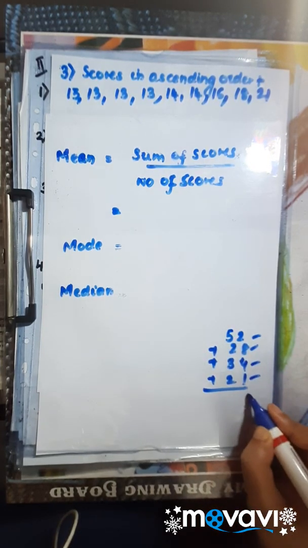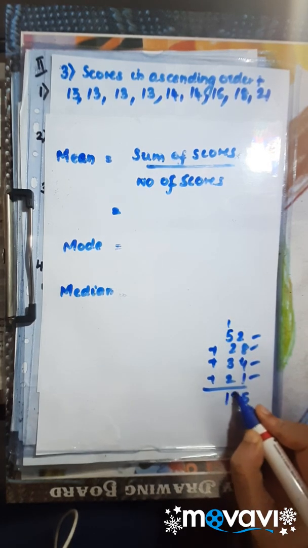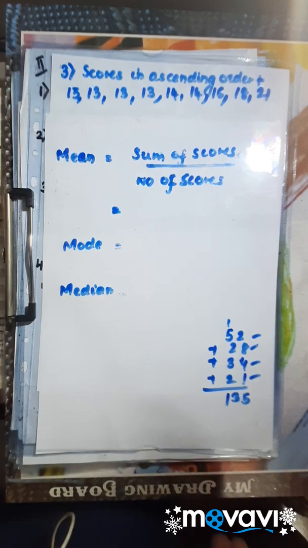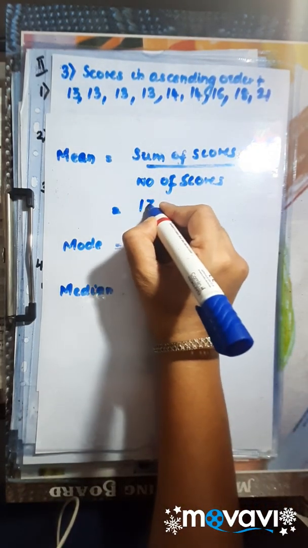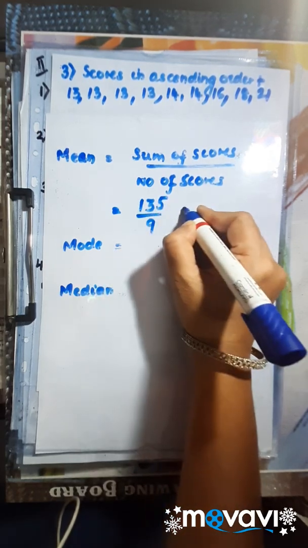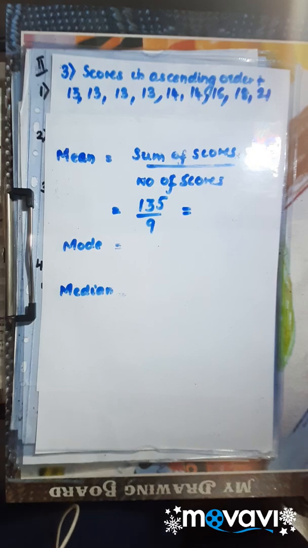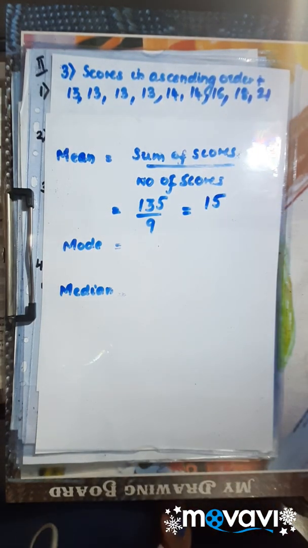That becomes 135 divided by 9. When you divide 135 by 9, what do you get? You get 15.